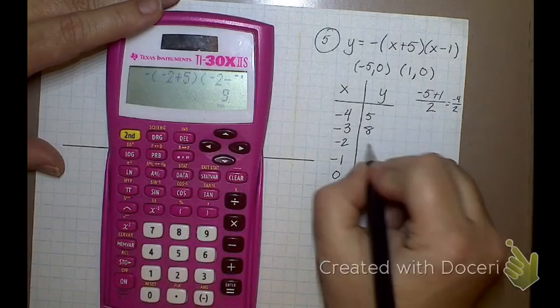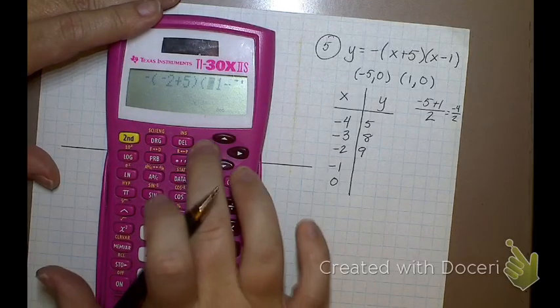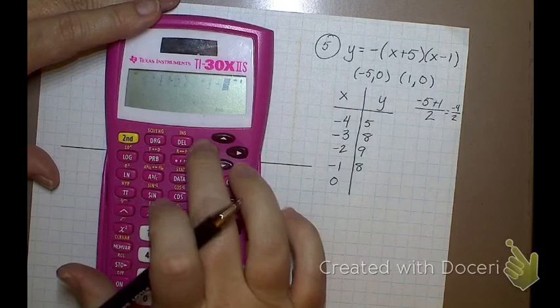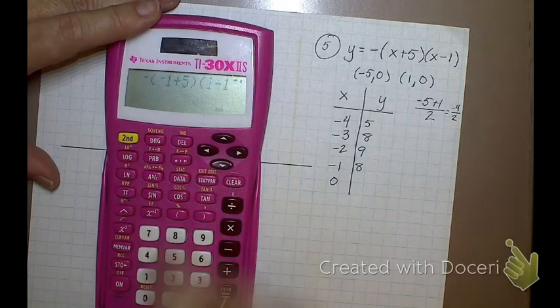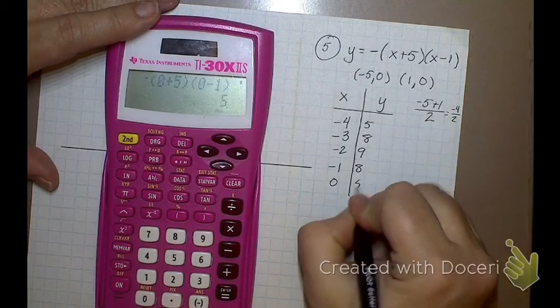I get 8. Change the negative 3 to a negative 2. I get 9. And now let's check if we get that mirror image. Change it to a negative 1. 8, looking promising. And 0, I get 5. So we're good there.